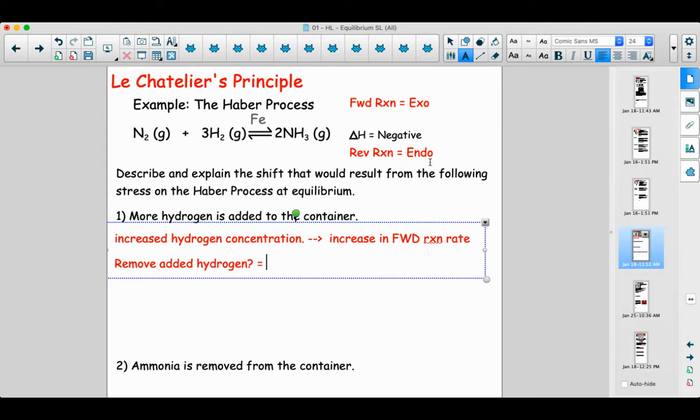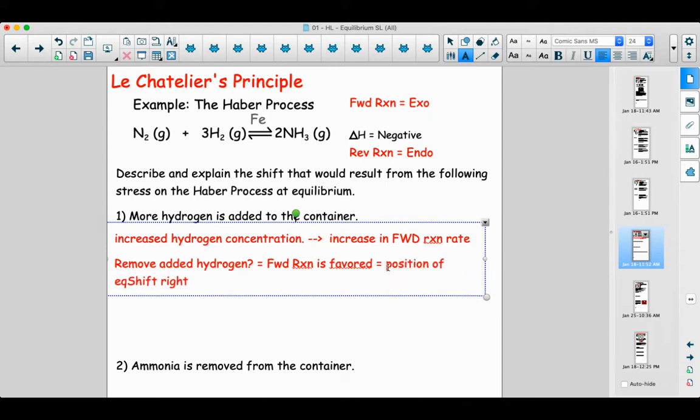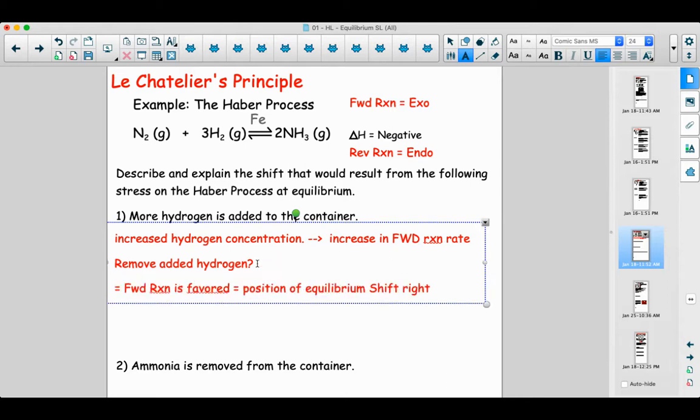So the forward reaction is favored, is a way to describe that. The forward reaction is favored, and that equals a shift to the right for the position of equilibrium. So the forward reaction is favored, or the position of equilibrium, another lingo term that they will say, shifts to the right. So these are more equilibrium ways to describe what will happen.